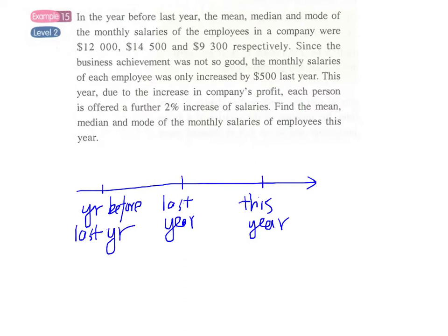And so, from the year before last year to last year, each employee received a $500 increase in monthly salary. And from last year to this year, each employee received a further 2% increase in salary.